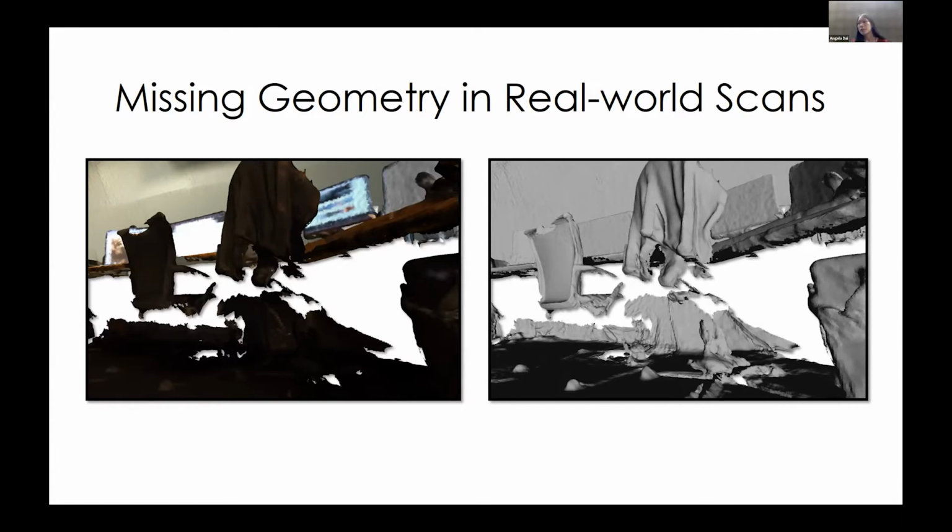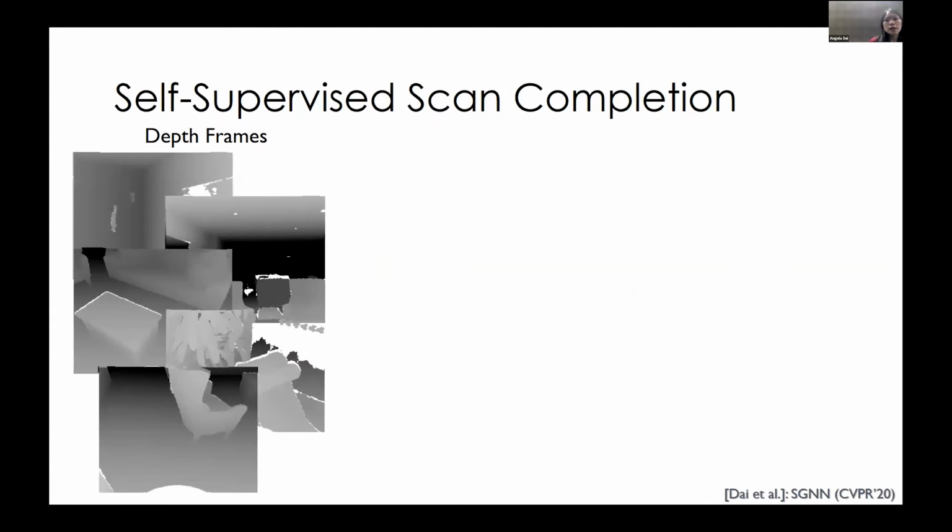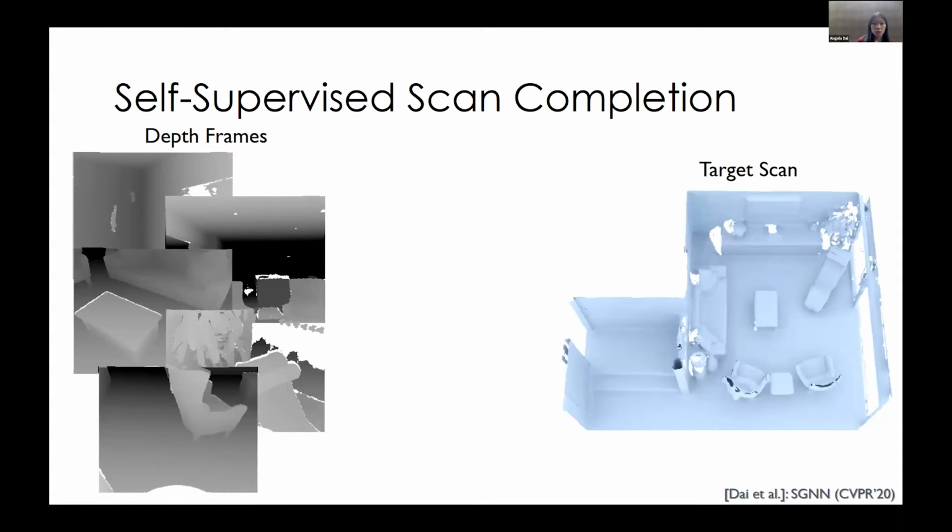But of course, the challenge here is all of our real captured scans are incomplete. So how can we formulate this in a self-supervised way so that we can learn from this imperfect real world data? These scans are composed of a series of RGBD frames where we can reconstruct a target scan. This is from the Matterport dataset.